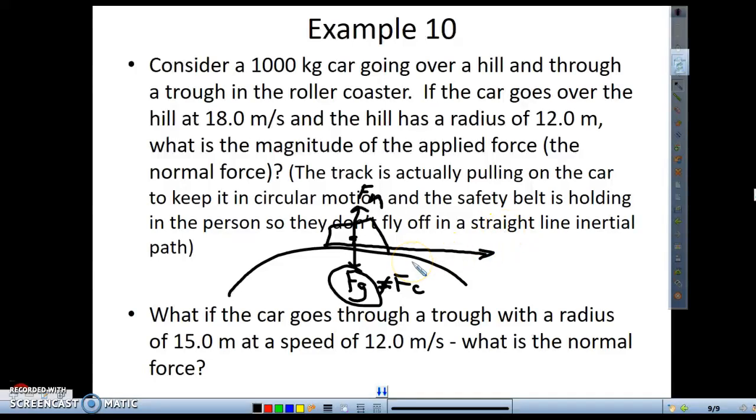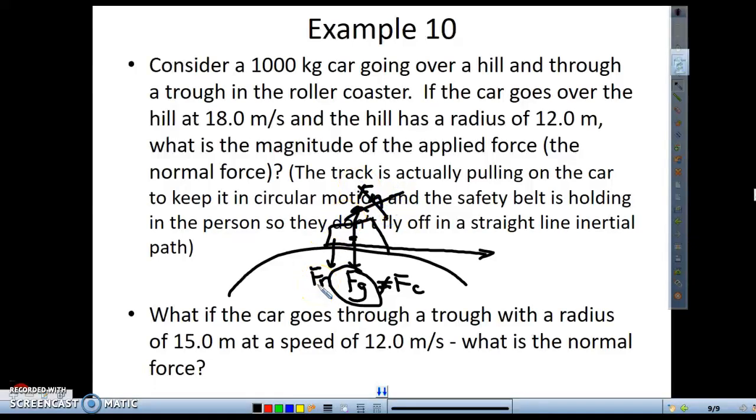So what if you're on a roller coaster? Now, if you're on a roller coaster, what's going to happen is they are going to hopefully hold you into place. And when they hold you into place, they're going to provide some extra F sub c in terms of an applied force. I'm going to just go ahead and call it a normal force because it's a contact force.